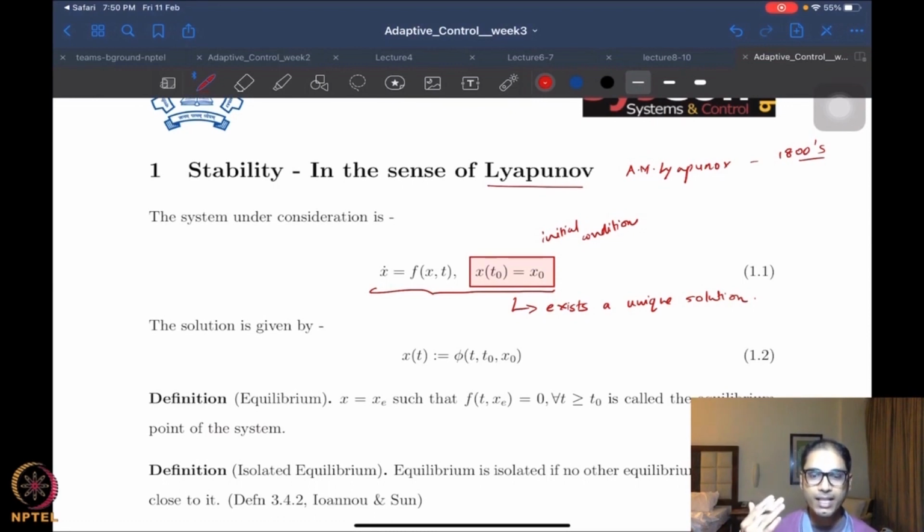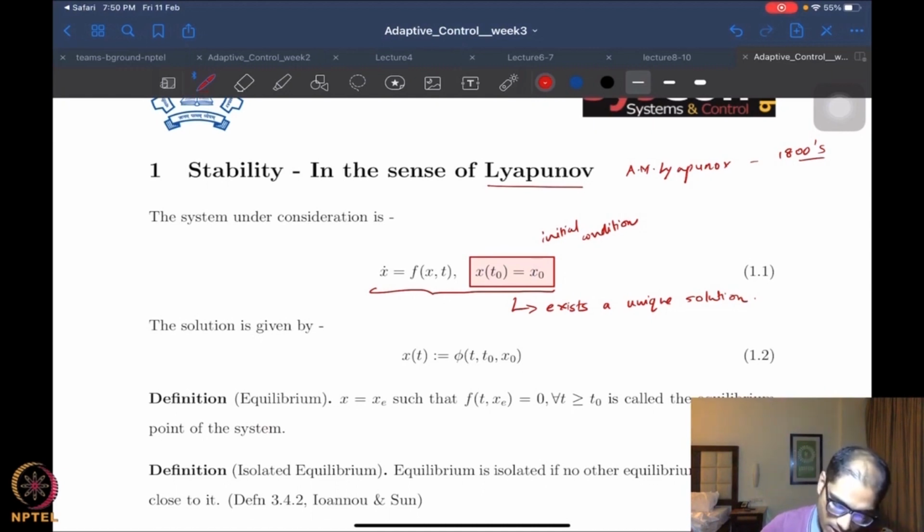The first thing is that there has to be a solution. It should not be that I take an initial condition and there is no solution beyond a certain time. That would be a problem. So there exists a solution, and secondly, this solution is unique. This is rather important. One of the things to remember is the condition for existence of a unique solution.